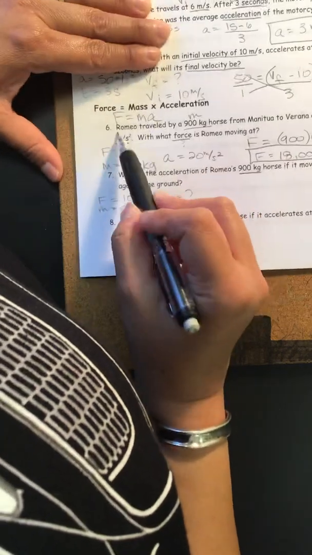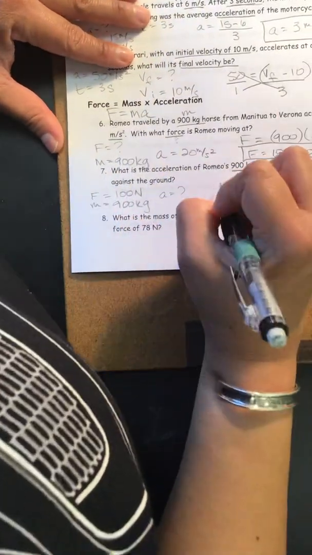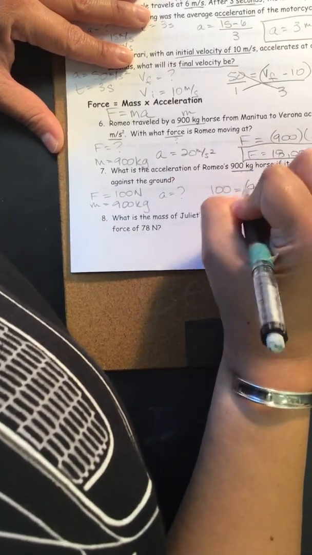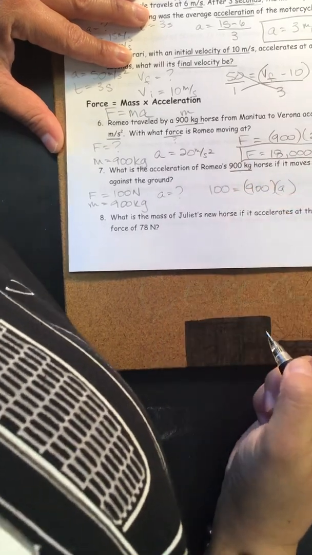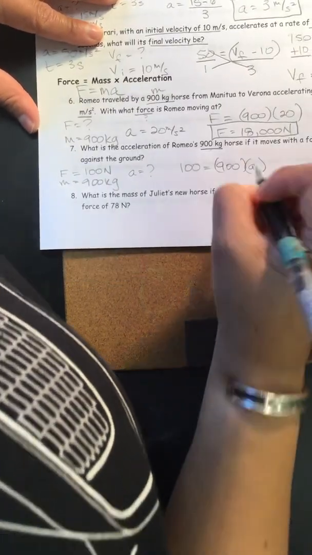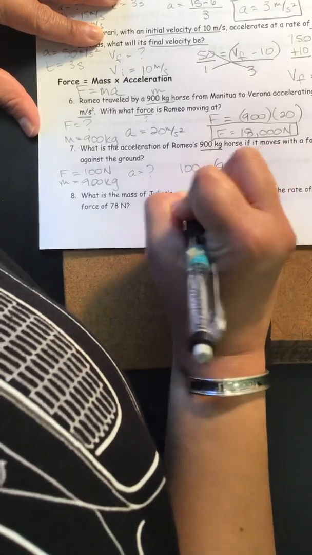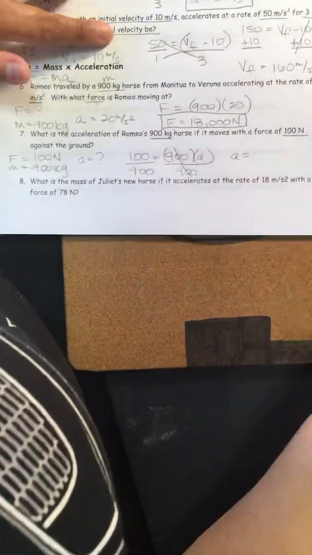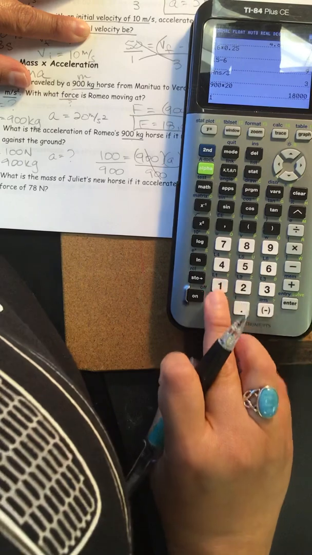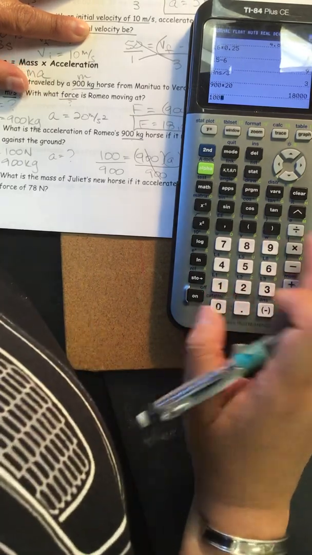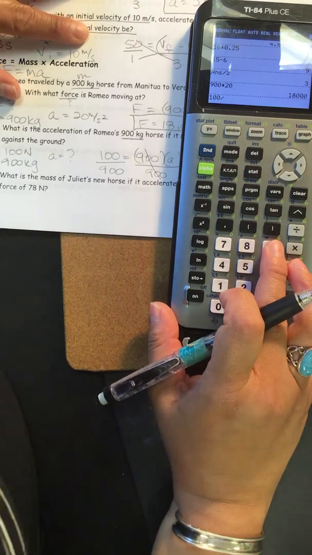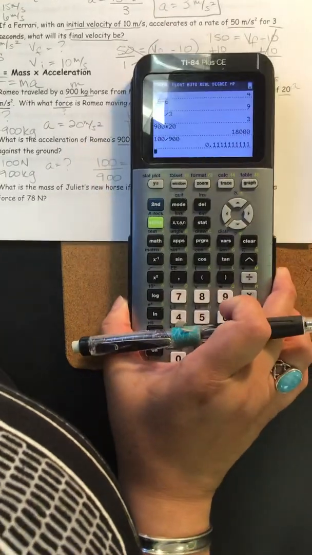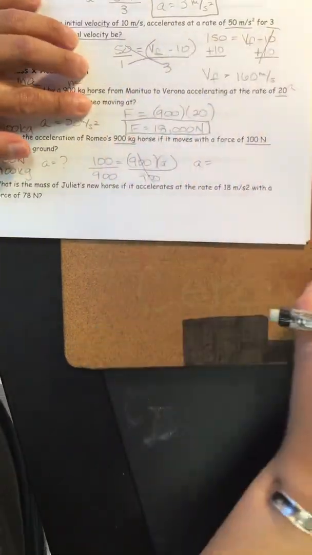So force is equal to mass times acceleration. 100 is your force, is equal to mass times acceleration. And so now use algebra to solve for acceleration. Divide both sides by 900. So your acceleration is 0.1.